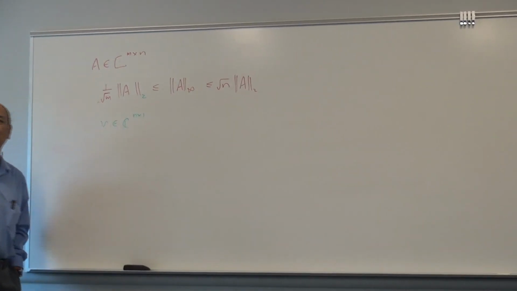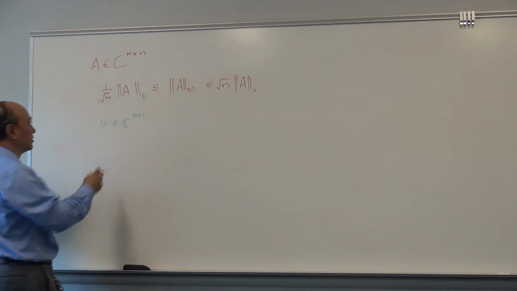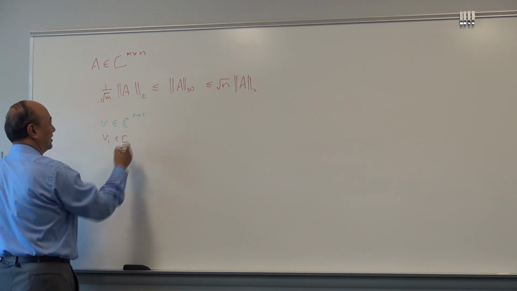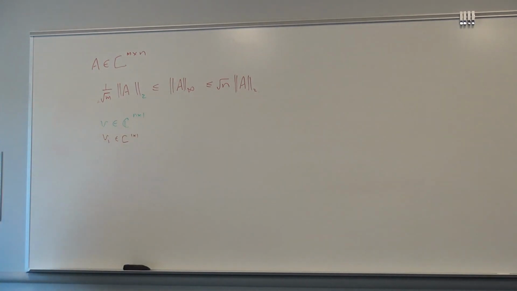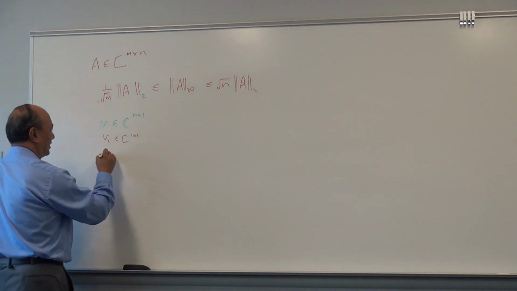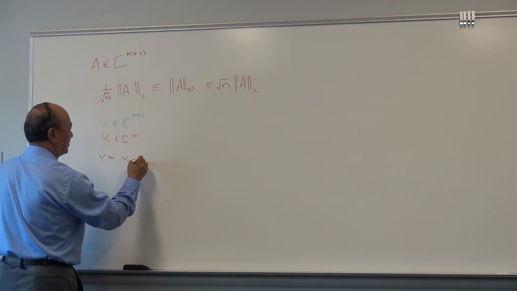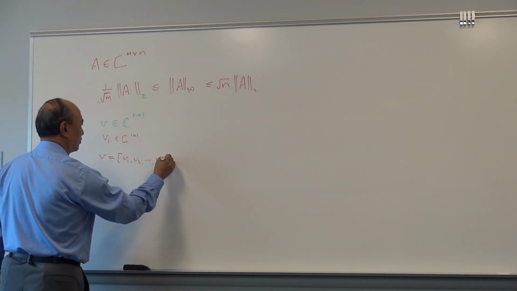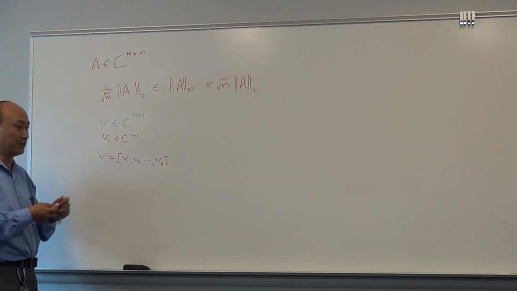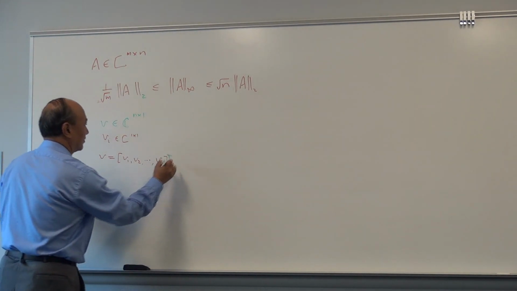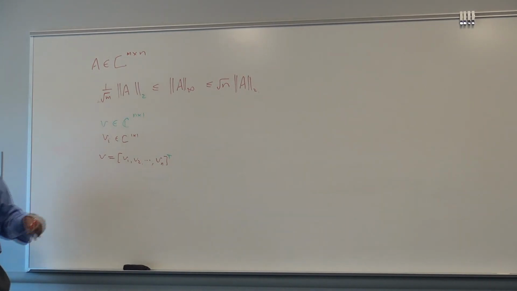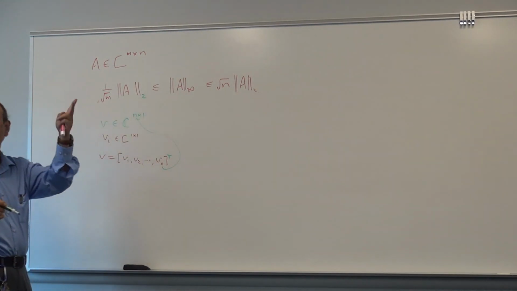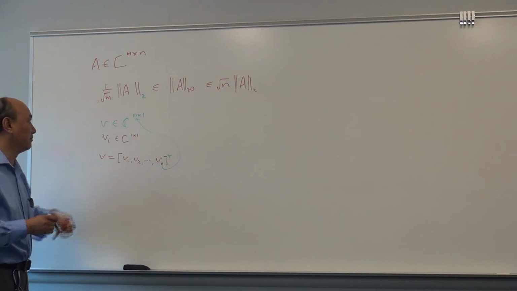So it's a vector, and each v sub i is in C, which is 1 by 1. Then I can write v as v1, v2, up to vn. Writing it this way is for convenience, but don't forget it is n by 1, not 1 by n. By convention, everything is n by 1.